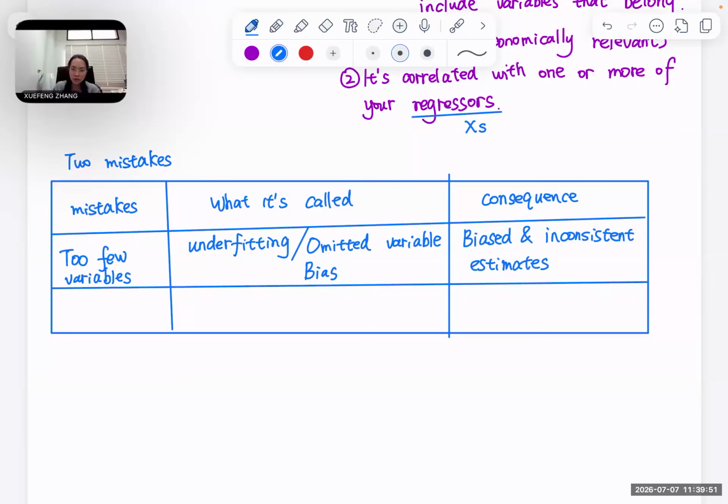The other way around is you have too many variables. In this case, we call it overfitting, because there are some irrelevant variables.